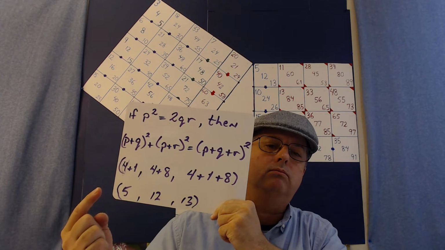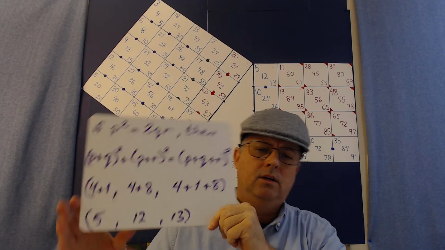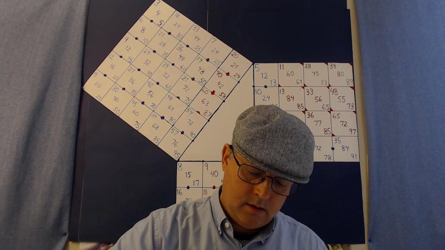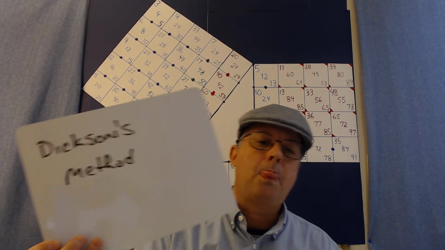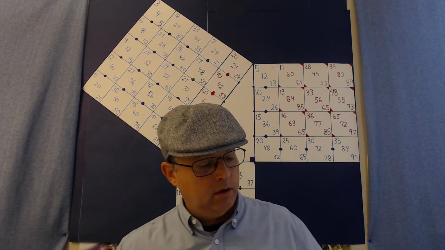And then if all that falls into place, we will get a Pythagorean triple. So it's a really nice idea. It's Dickson's method, and you can do some more looking at that. A certain mathematician thought of this idea, and it's really very good. I like it.